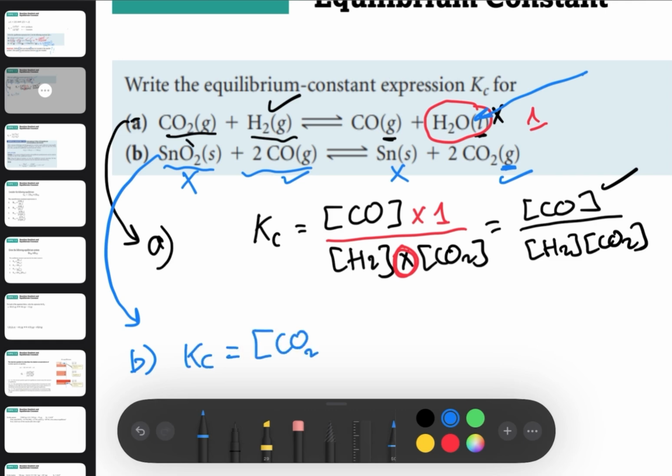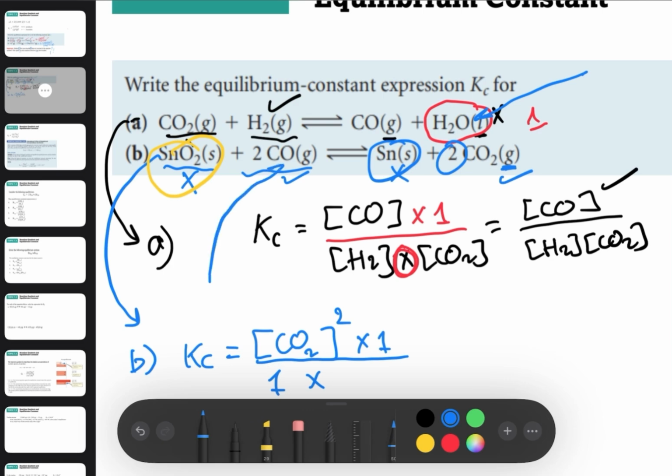Do not forget the square brackets for Kc, since square brackets represent concentration. We close it, and it's raised to the power 2. Since SnO2 is a solid, it is also excluded, so we put 1 instead, and then we multiply by CO, which is the needed species.